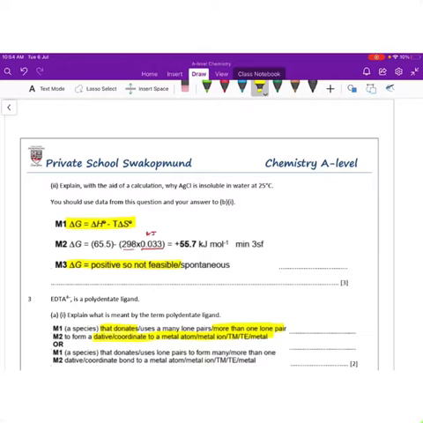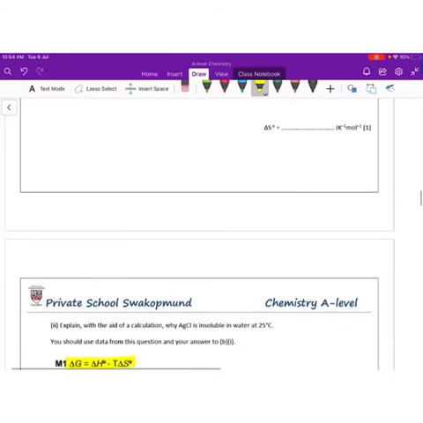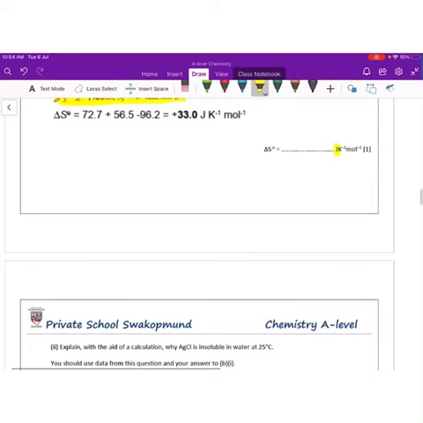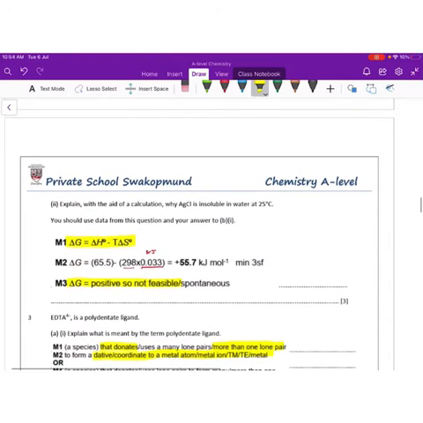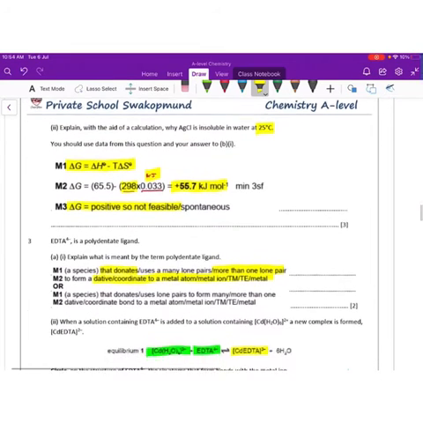Now, you calculated your entropy, but it was a value in joule, so you needed to convert to kilojoule. Temperature you needed to convert to Kelvin, and now you can do the calculation. It's a positive value, that means the reaction is not feasible or not spontaneous. Again, you guys got that.